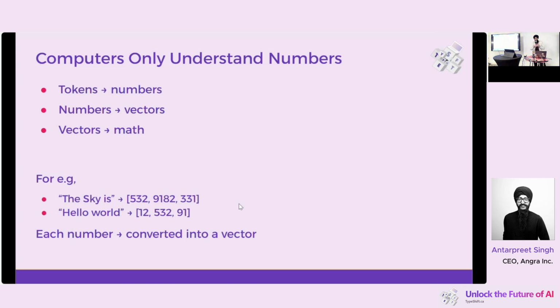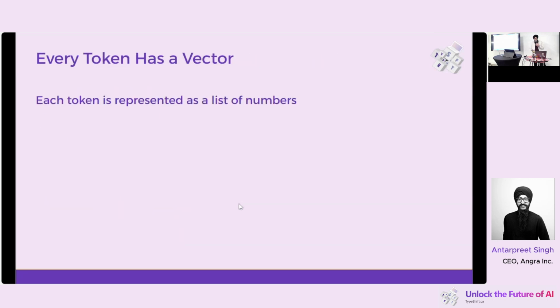Similarly, "hello world" will be converted into its own token IDs depending on the number of tokens. Each number is then converted into a vector. Every token has a vector, so each token is represented as a list of numbers in the model. Even when we send a request, that string gets converted into tokens first, then from tokens to numbers.